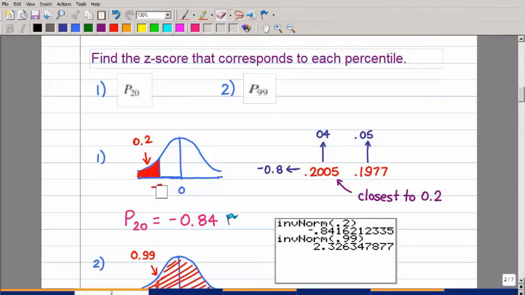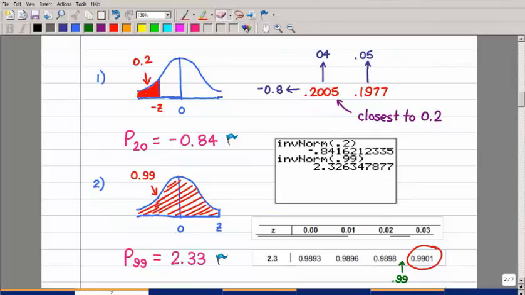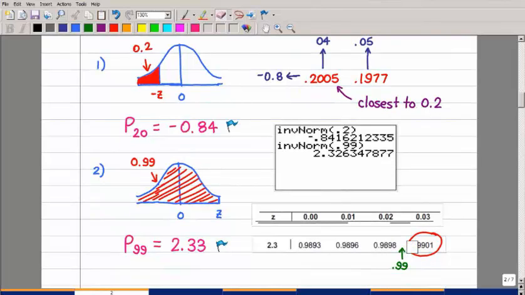But 0.9901 is actually a little bit closer than 9898. It's in the 2.3 row, the 0.03 column, so it would give us a z-score of 2.33. And I have a little cutout snippet from the chart right here, what we just looked at: 0.9898, 0.9901, there it is. So the P99 would have a z-value of 2.33.